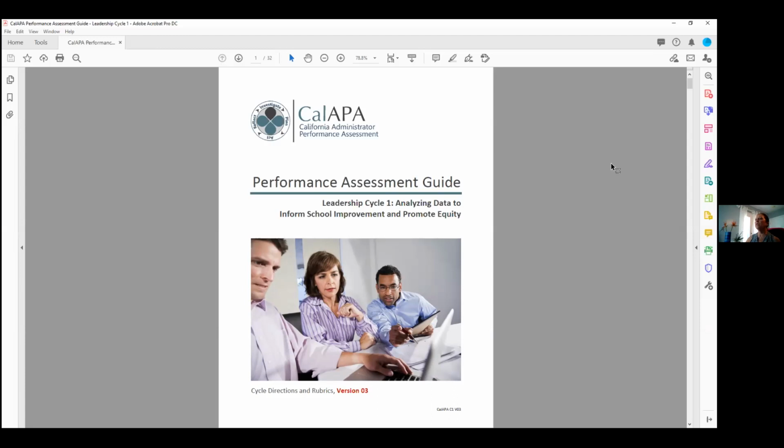And so this is important to see that we are on version 03. And as we tighten things up, as we move forward together as a learning community, you will see versions that come later. So just an important point there to always look on the front cover to make sure you are in fact in the current version. And in this operational year, we are in version 03. So go ahead to the next page, Lori.